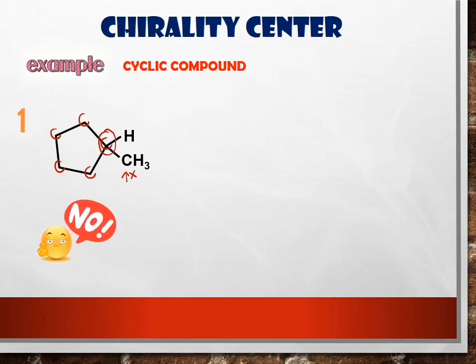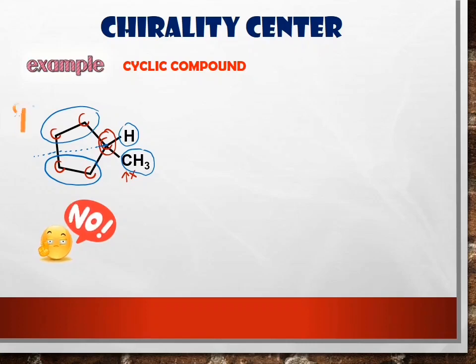No, class. Why, class? Because this carbon is bonded to one hydrogen, one CH3 group, and look here. For the ring, this ring starts from this carbon, it is symmetric, class. So it means this side and this side are the same. So no chiral carbon here.